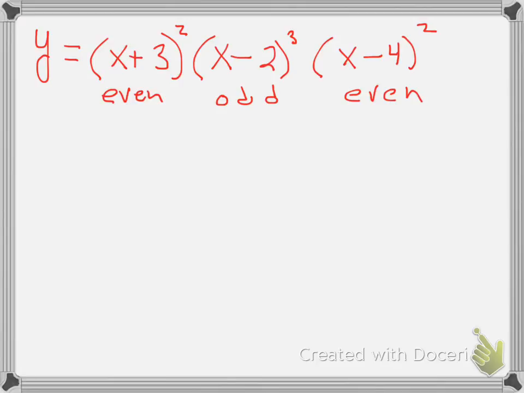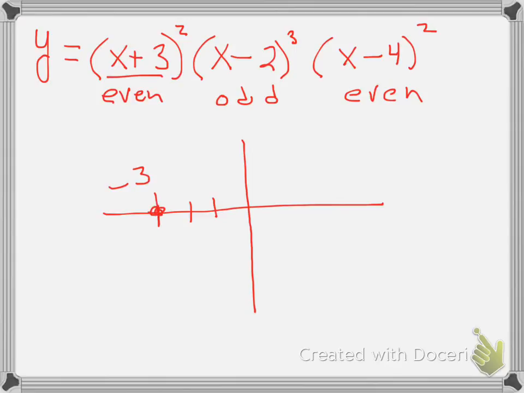Right? The 2's would be even numbers and the 3's would be odds. And if we thought about the graph of this, well, we know that there's a 0 at negative 3 because it's x minus the root. So there's a 0 at negative 3. There's 1 at 2. And there's 1 at 4.